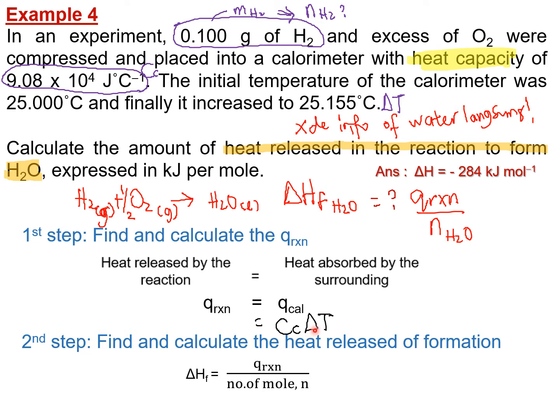Okay, so this is going to be the formula that you will be using to find the heat absorbed by the surrounding, calorimeter tu lah. Okay, and the second step that you need to do ialah find and calculate the heat release of formation. Once you have found the heat release by the reaction and also the number of mole siapa? Number of mole of H2O.